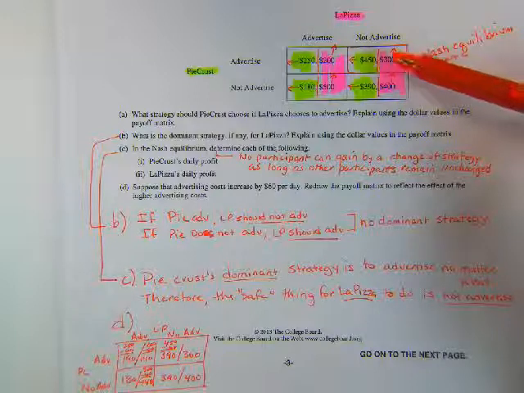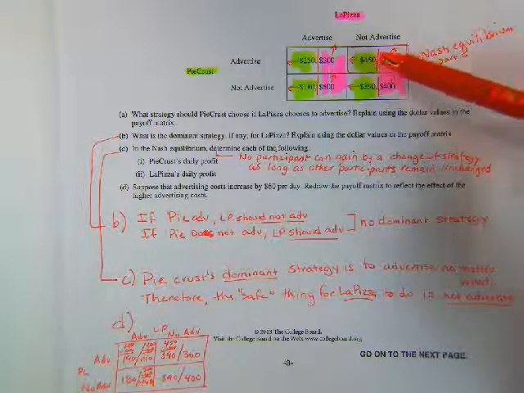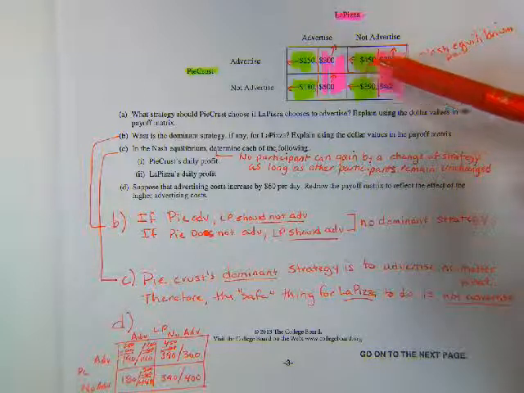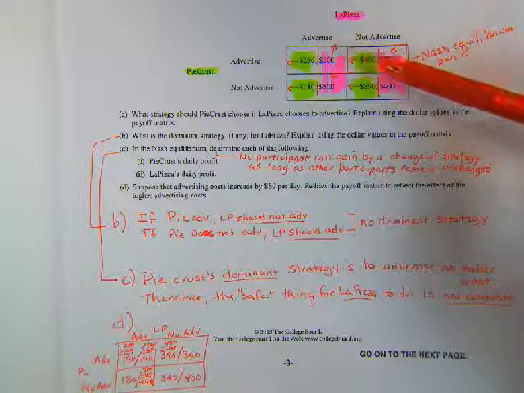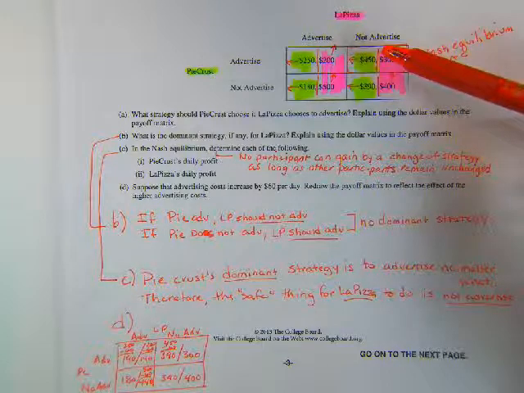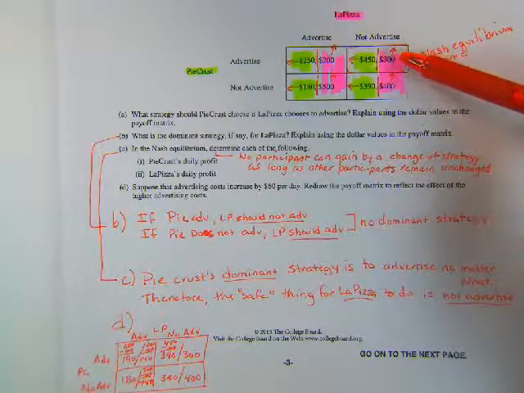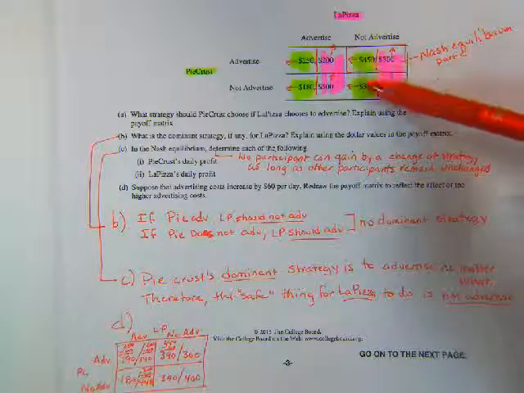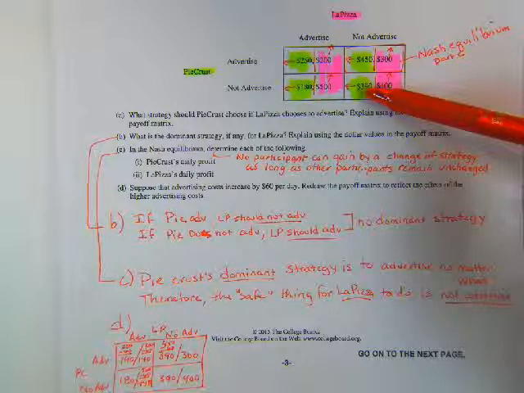Another way I can look at this is I can look at each firm individually and say, okay, if I'm Pie Crust, and if La Pizza stays unchanged, if La Pizza stays here, does Pie Crust gain from moving to the no advertise quadrant? No, they do not.